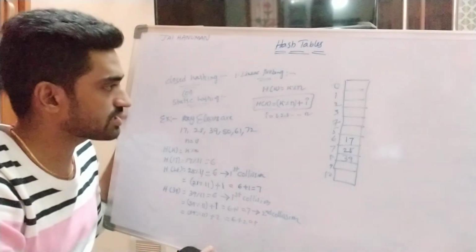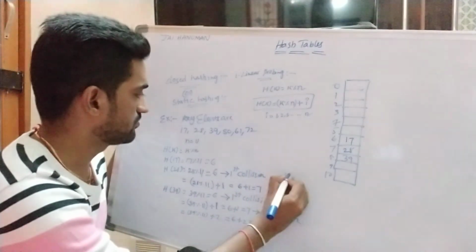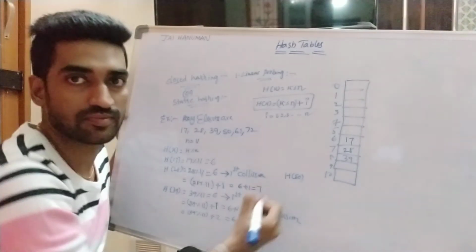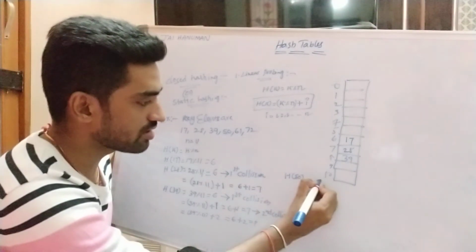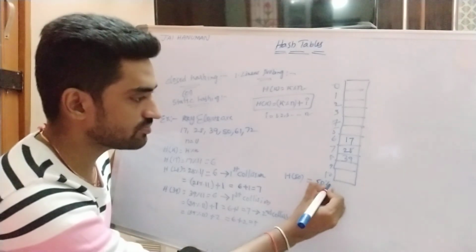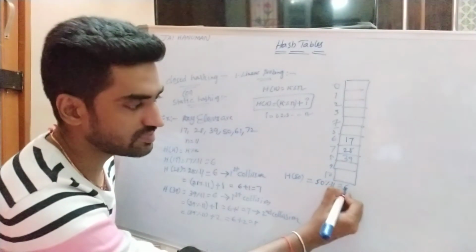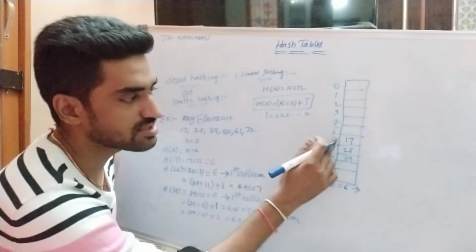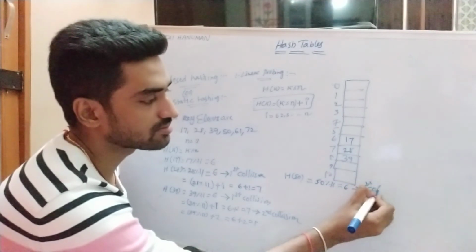Right? So what is the next inserted key value? H of 50. H of 50 is equal to 50 modulo division of 11. It returns 6. So 6 is not a vacant position. For this key element, first collision is occurred.